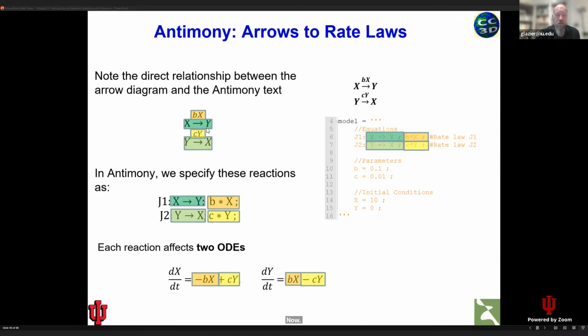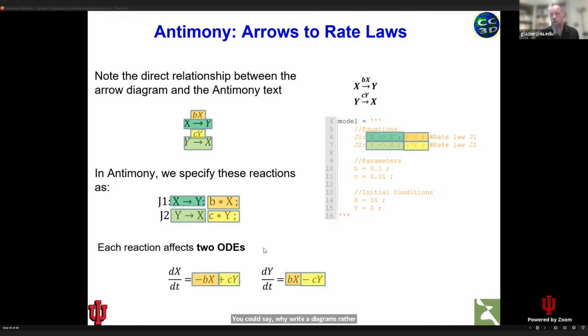Now, arrow diagrams, as I mentioned, generate multiple ordinary differential equations. If I have two chemical reactions, X goes to Y at a rate b times X, Y goes to X at a rate c times Y, that gives me an ordinary differential equation for X. X is destroyed at a rate b times X, created at a rate c times Y. Y is created at a rate b times X and destroyed at a rate c times Y. You could say, why write arrow diagrams rather than ODEs?